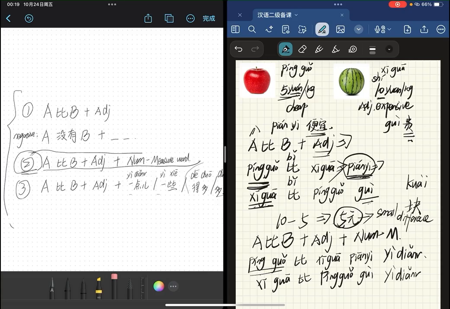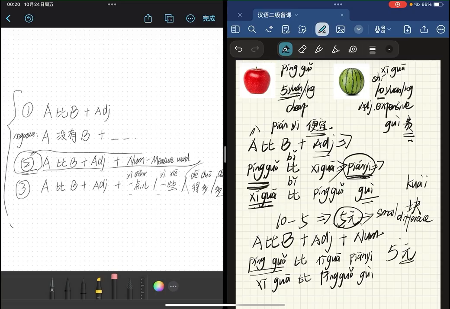So I can say 苹果比西瓜便宜. Okay, the basic one. 苹果比西瓜便宜 and add the specific difference, it's 5元. So this is a specific difference. I can add the specific difference after the adjective. 苹果比西瓜便宜5元.